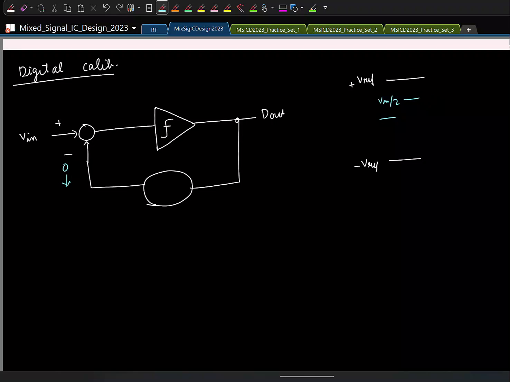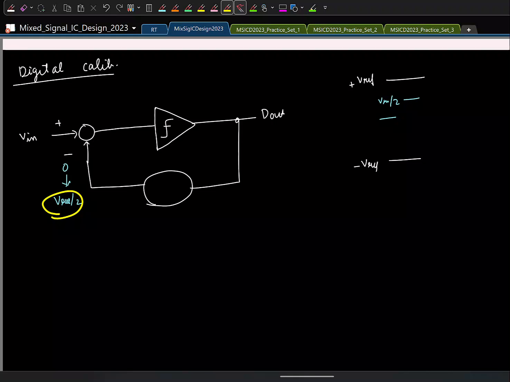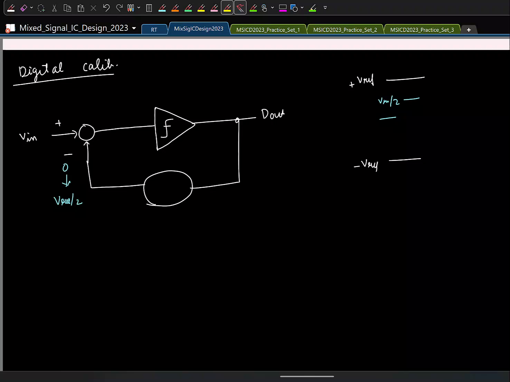So this voltage will change to Vref by 2. Again you can interpret it like this: the loop has got the information that the input is lying here, so it is approximating the input as Vref by 2, and that is why the feedback signal is Vref by 2.